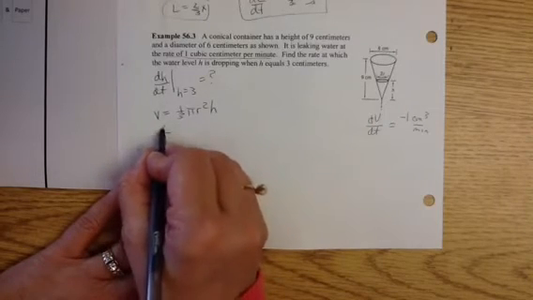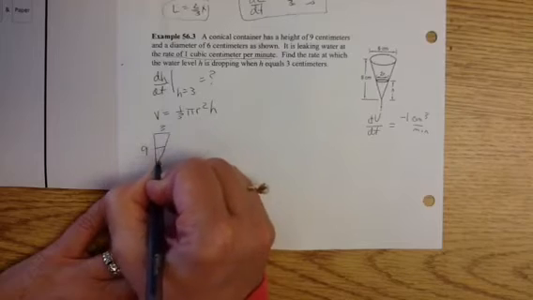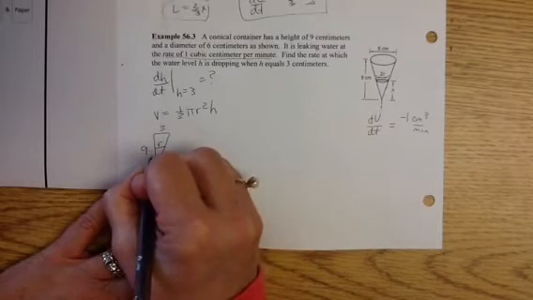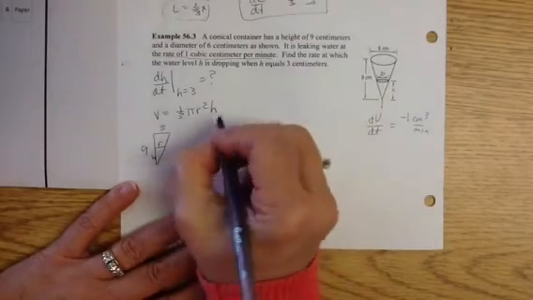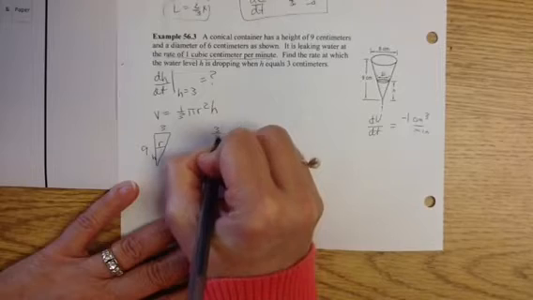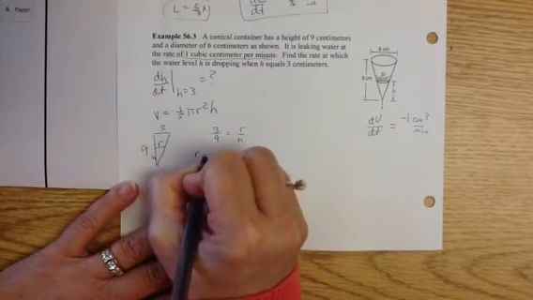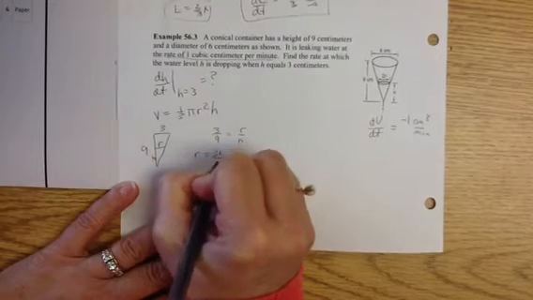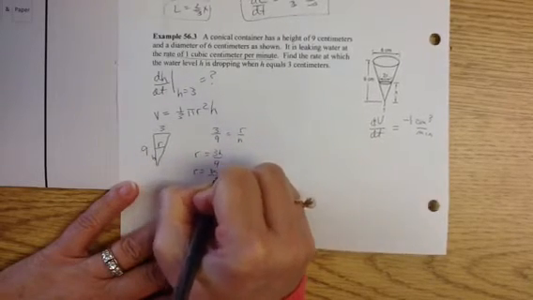So this is 3, and this is 9, this is my r, and this part here is my h. So with proportional triangles, I could say 3 is to 9 as r is to h. Solve for r, so I get 3h over 9. So r is 1/3 h.